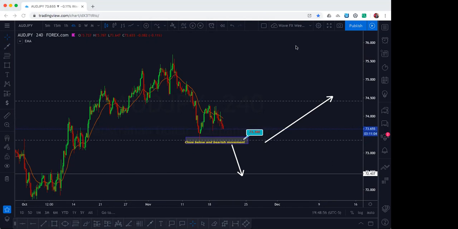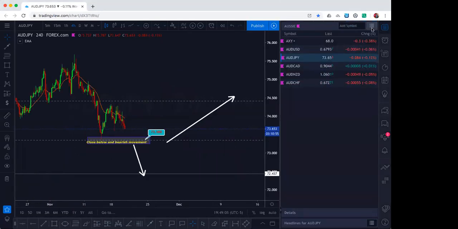The next one we're looking at is, we have two persons asking to look at pound Aussie. So let's have a quick look at that. This is a pair that I haven't traded for a while.